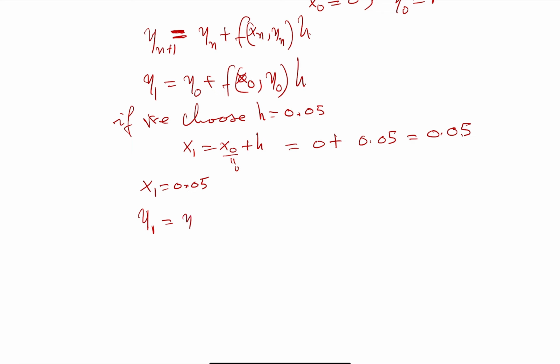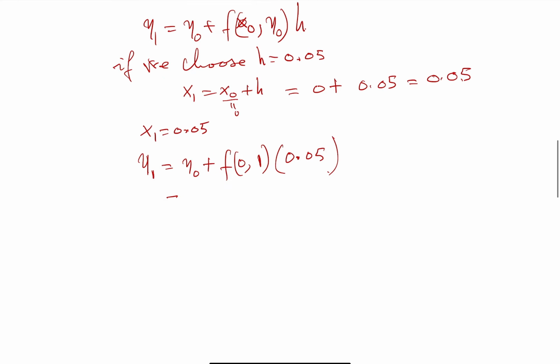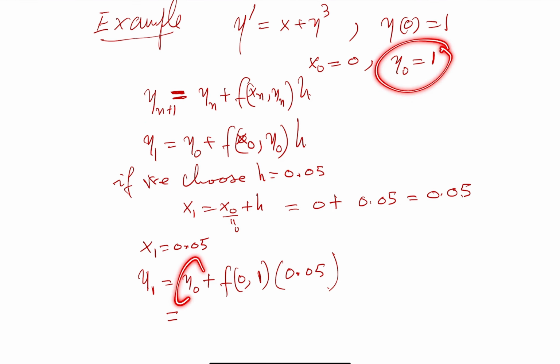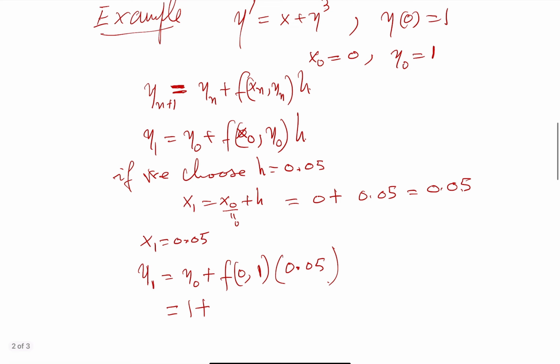y1 is equal to y naught plus f of 0, because x naught equals 0, and y naught is equal to 1, and then h is equal to 0.05. Y naught is right here, equal to 1. So we have 1 plus f of 0 and 1.